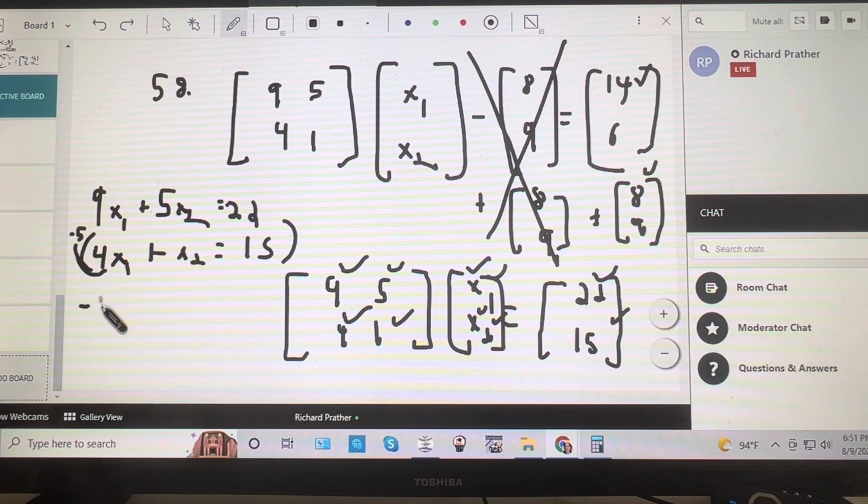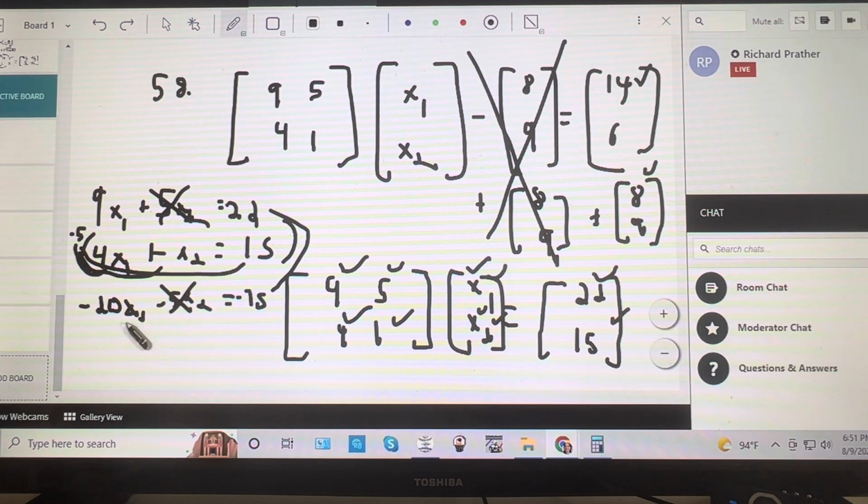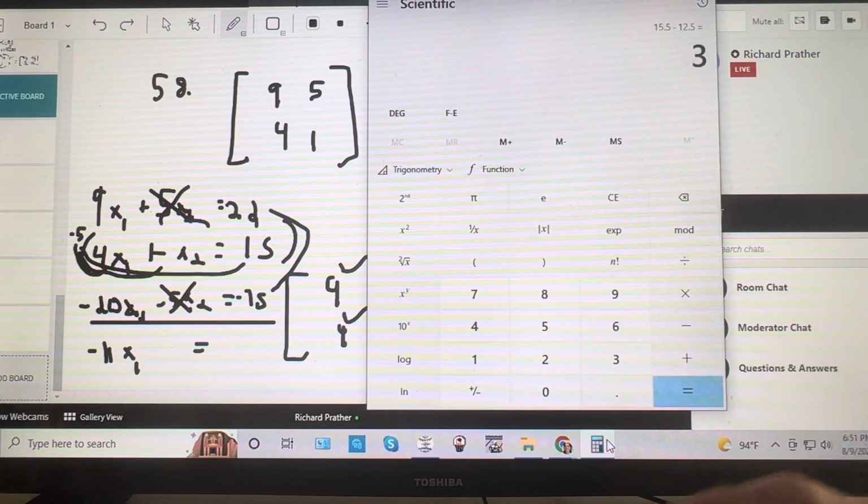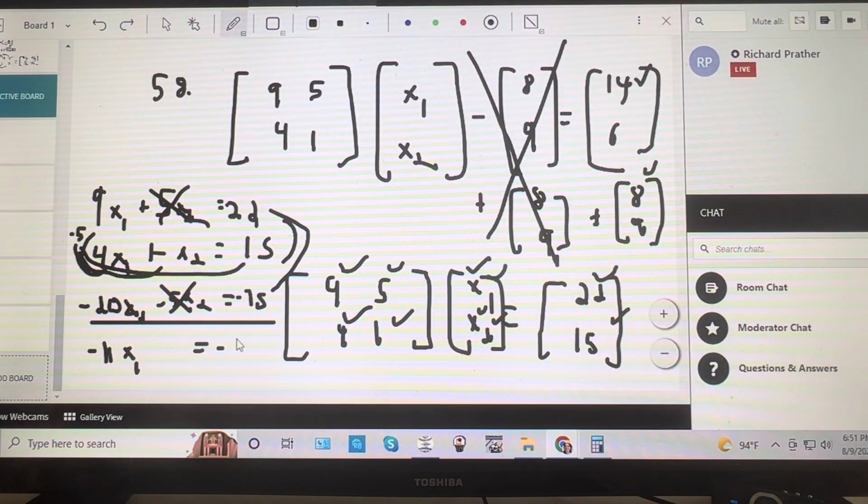Negative 20x1, negative 5x2. And that's negative 75. Add these two together and the x2's will cancel. Here's this negative 11 again, like the determinant. 9 minus 20 is negative 11. 22 minus 75 is negative 53.